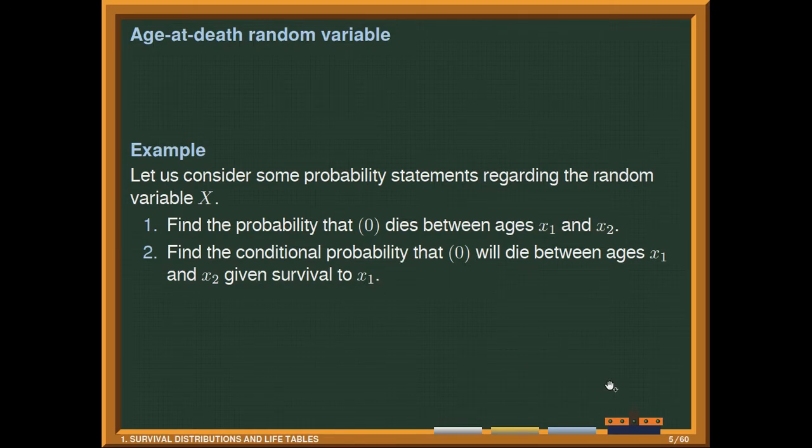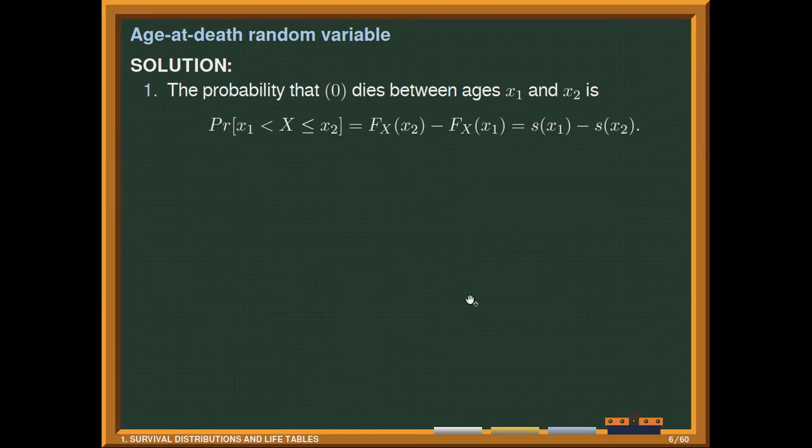So to answer this, number 1 clearly can be represented this way, right? That's the probability that the random variable X will be greater than small x1 and less than or equal to small x2. This now is the event that the newborn will die between ages x1 and x2.